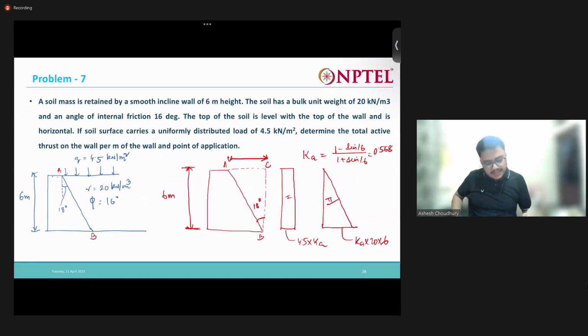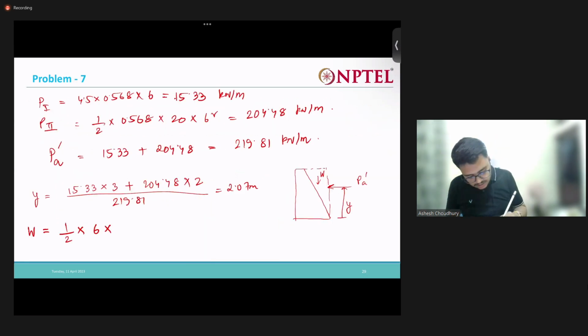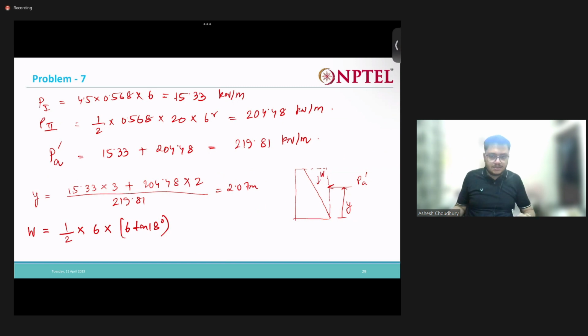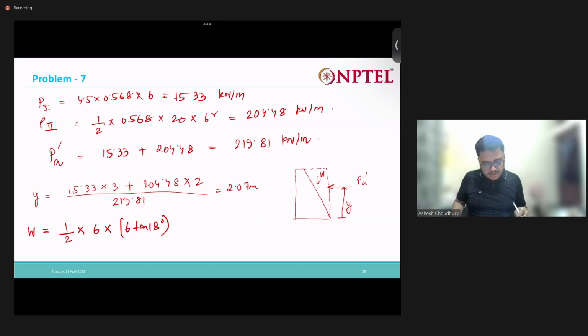No, it will be tan 18 degrees, which is AC by BC, right? Perpendicular by base. So AC is BC tan 18. BC I know is 6.